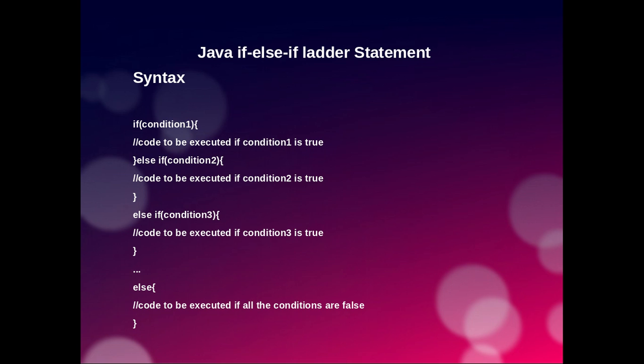If it is true, then it will execute the set of statements. If it is false, then again there is an else block with condition 3. If condition 3 is true, then it will execute condition block 3. Else it will execute the next else block. So this is an if-else ladder. In this way, we have followed the syntax of the if-else ladder.